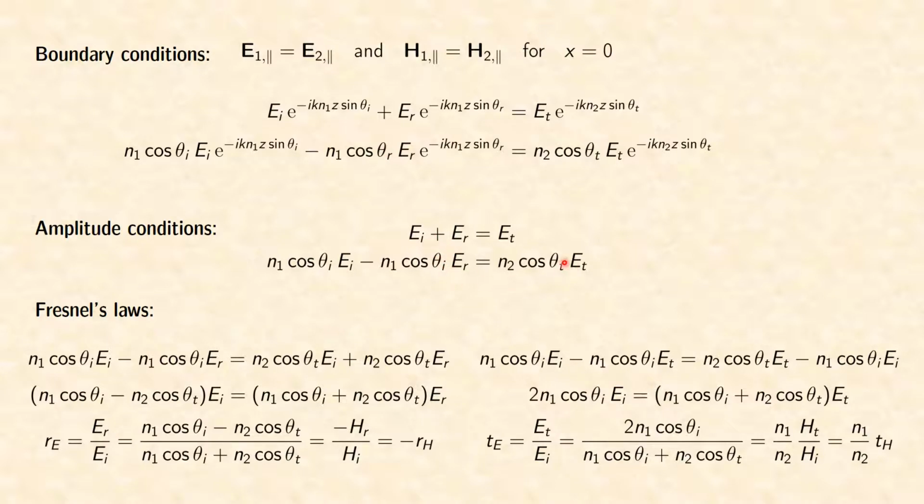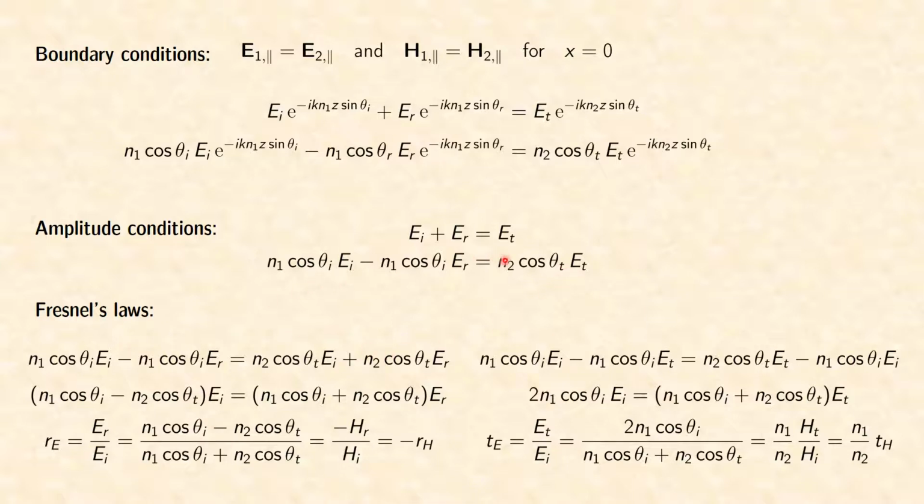Please note that we did not do the same for theta t. We could express theta t as a function of theta i also by using Snell's law, but this leads to some problems or important points, and therefore we keep theta t for the moment.